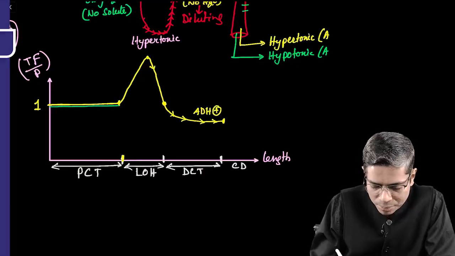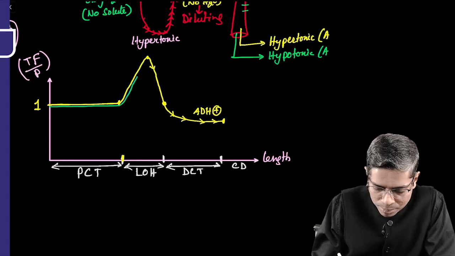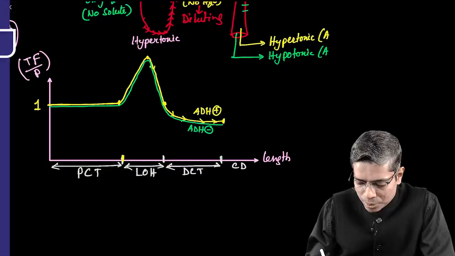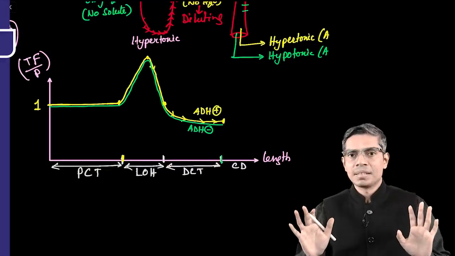The curve in the absence of ADH will also remain parallel to this curve, a similar kind of curve will be seen if ADH is absent, up to the end of the DCT.